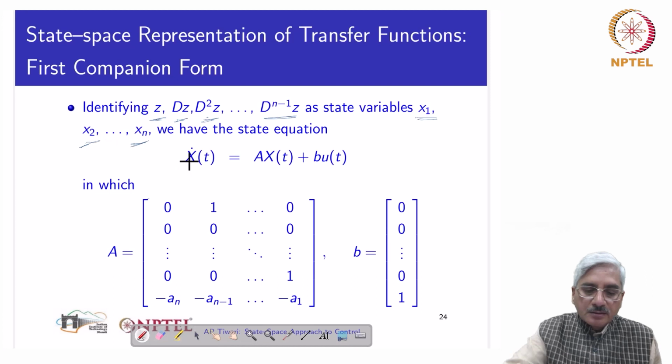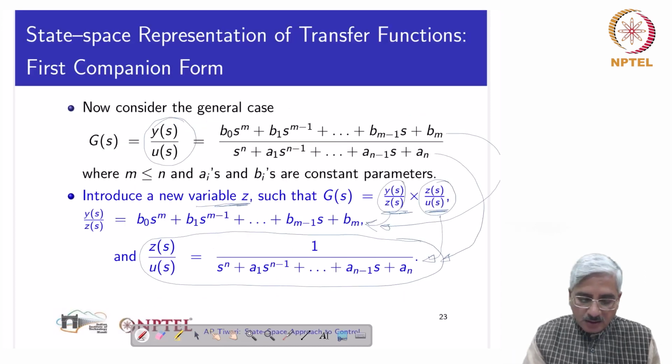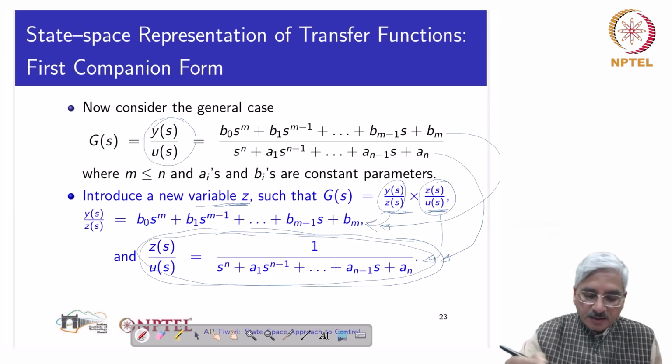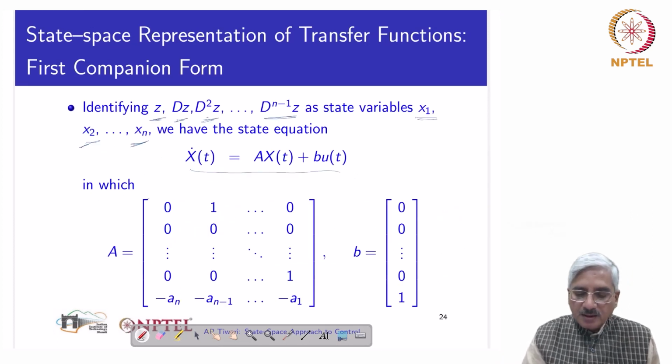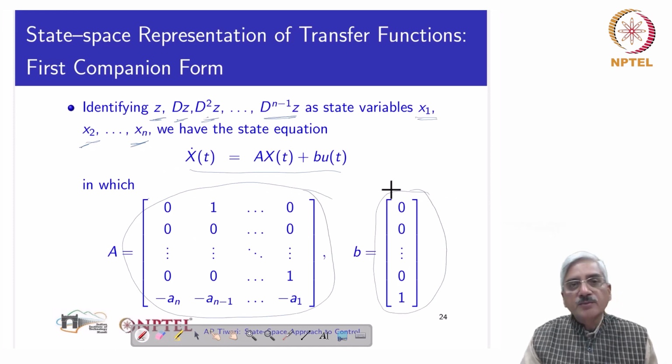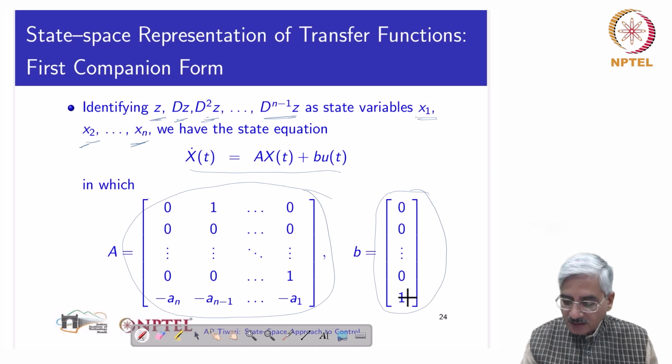This polynomial can be expressed into the standard state space form by this, where A will be the first companion form matrix and B will be the corresponding input matrix, with the difference that in place of k we have a 1 here.